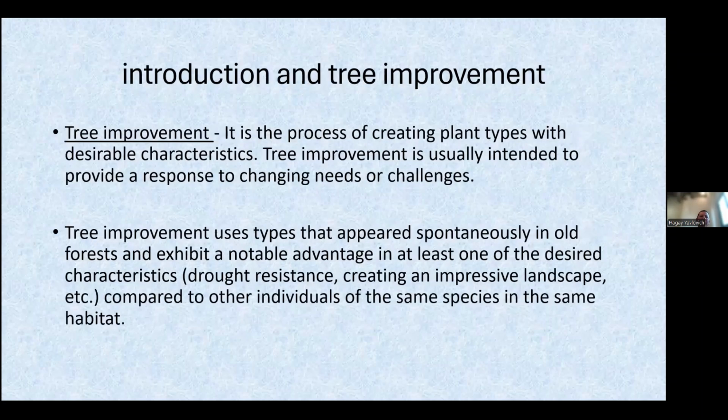Tree improvement means a process; it's not like creating a new plant. It means that you go through a process to find the best tree.